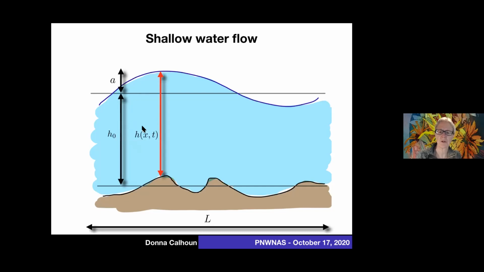The actual height would be the depth, from the free surface to the bottom topography. The bottom topography would typically be measured from some sea surface height, often 0, to the ocean floor. And our free surface, eta, is then typically height plus the bathymetry.